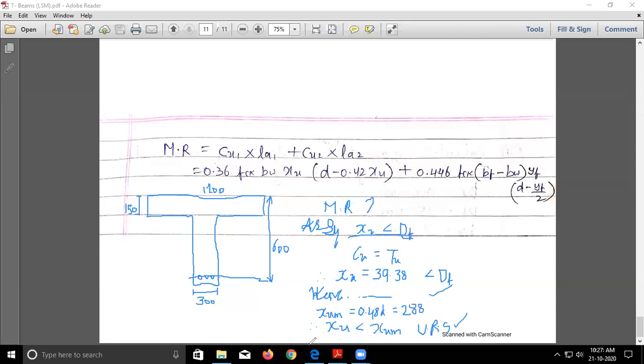So now you can find out MR. MR is given by Cu into lever arm. Give me the value of MR now quickly.